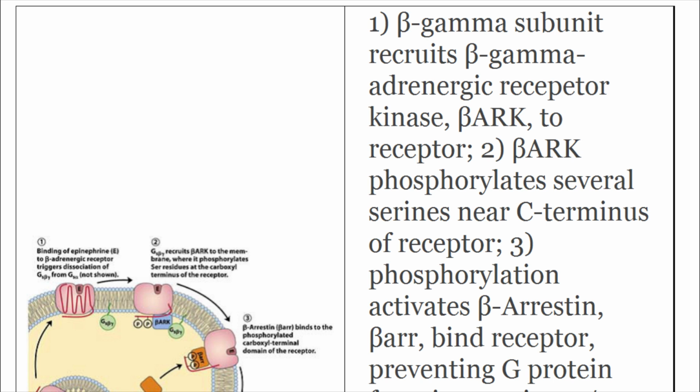Phosphorylation activates beta-arrestin, beta-ARR, to bind the receptor, preventing the G protein from interacting with the receptor. 4. Beta-ARR triggers endocytosis of the receptor, which sequesters it from the cell surface. Desensitization complete. 5. Eventually beta-ARR dissociates and the receptor is dephosphorylated and returned to the cell surface.